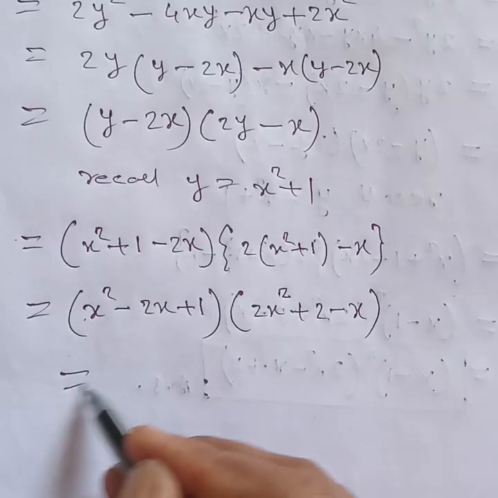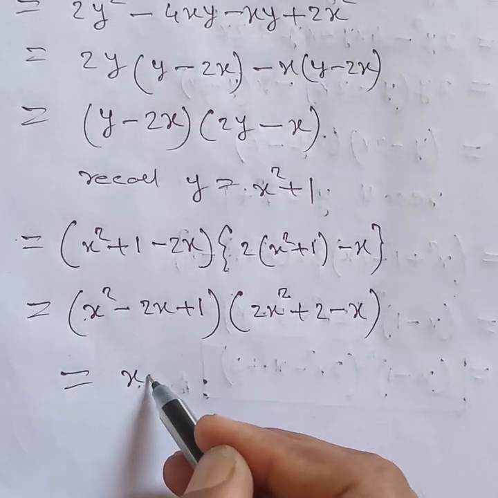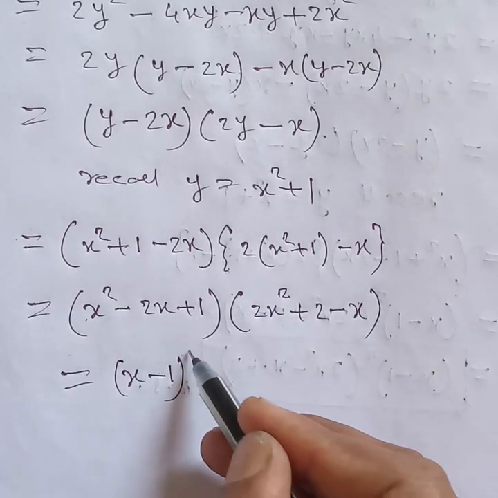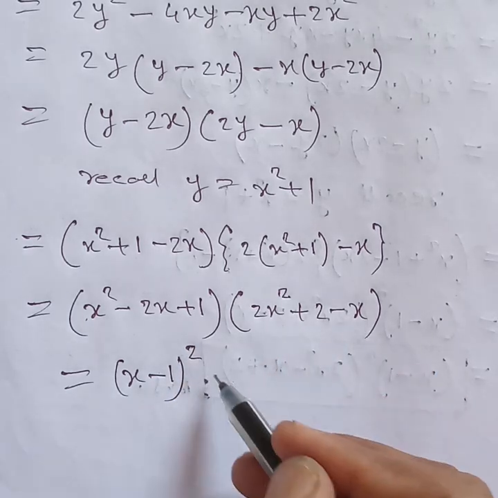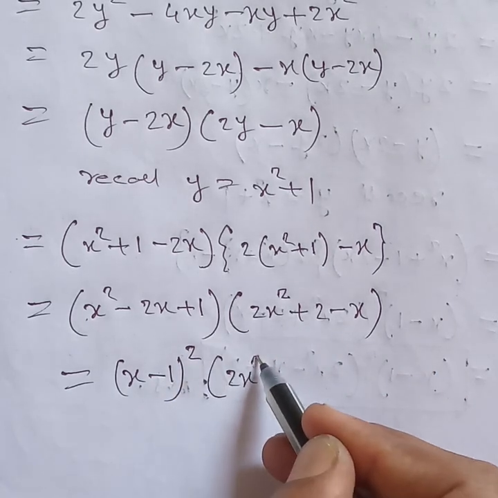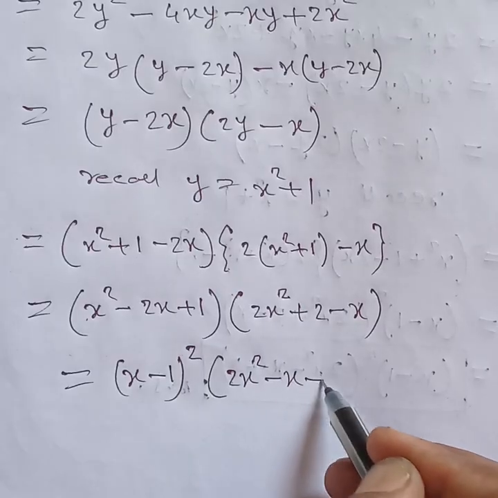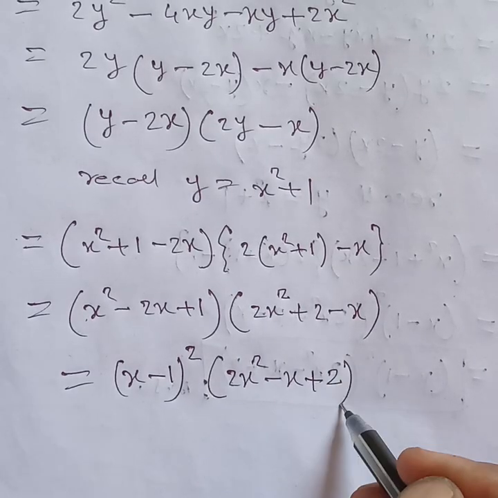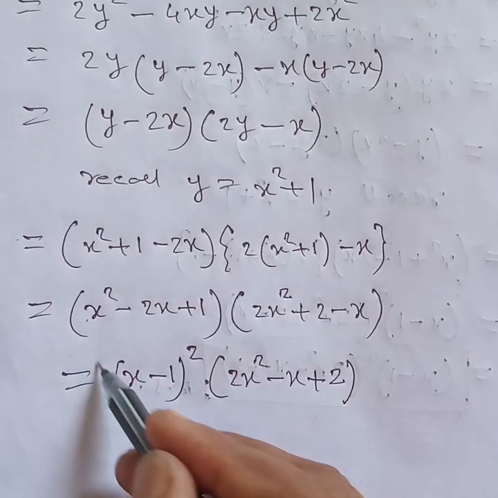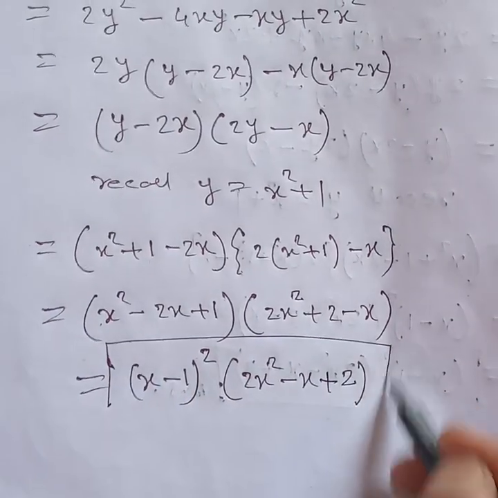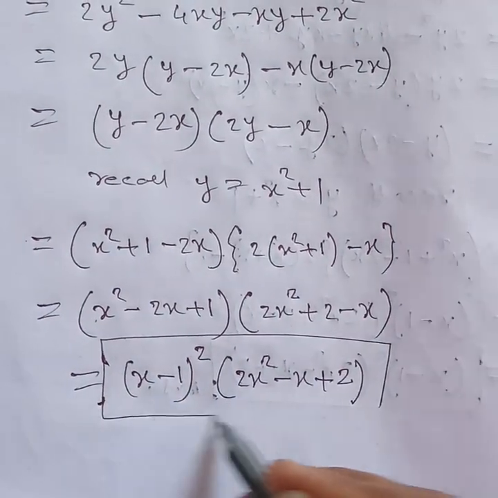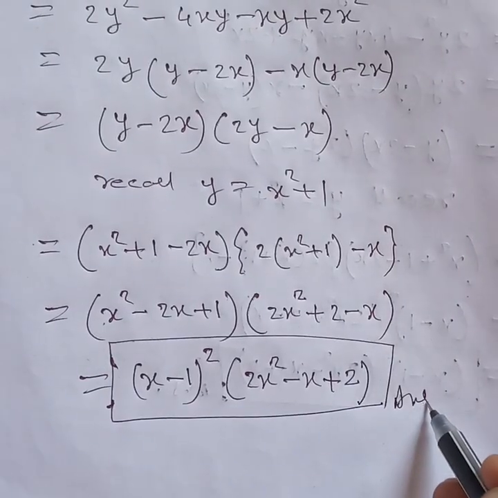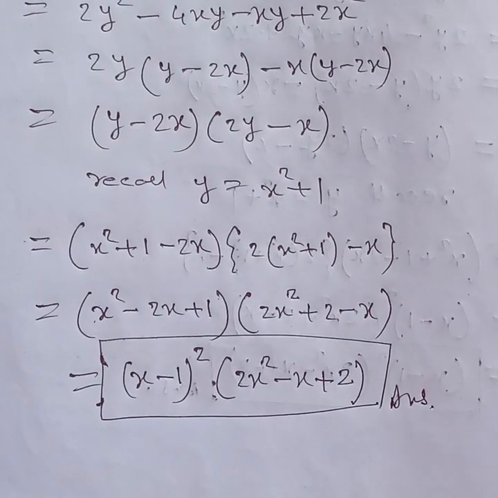Next step, it will be x minus 1 whole square, and it will be 2x square minus x plus 2, and this is the final answer of this problem.